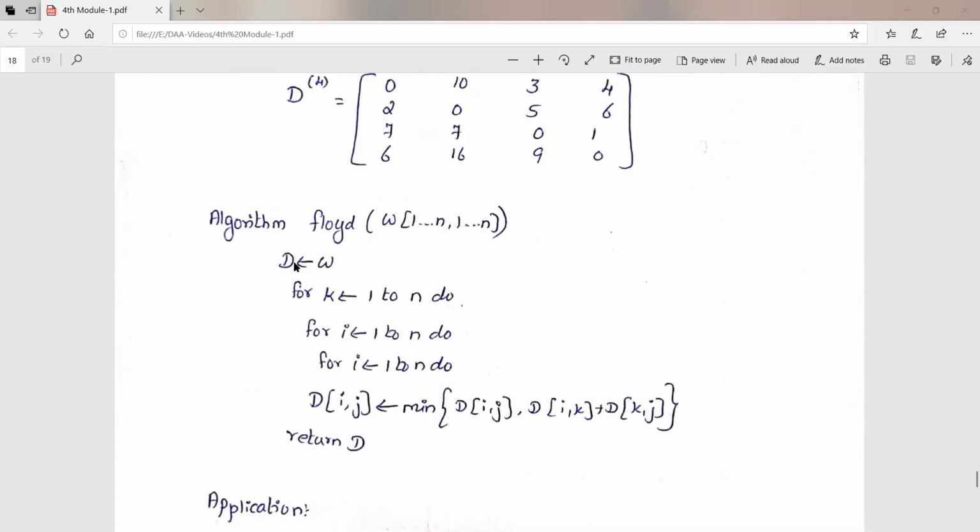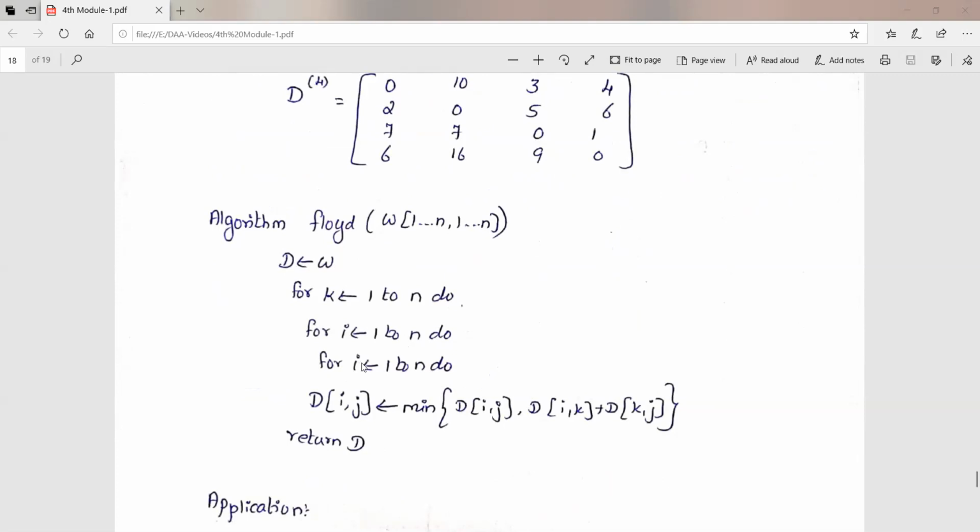So here D is equal to W, means the distance matrix, that is nothing but the weight matrix. Okay, initial distance matrix. And then we have to take k value from 1 to n, i value is equal to 1 to n, and then sorry, here the j value will be 1 to n.